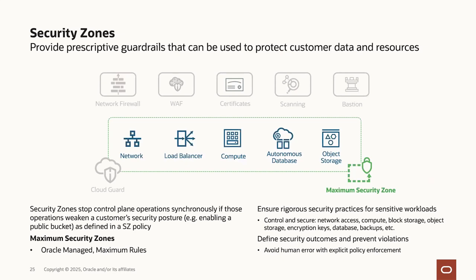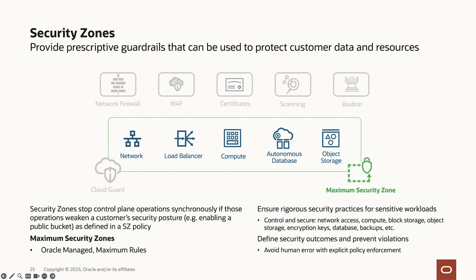So if you want to explicitly deny a user action from taking place, such as denying the attachment of an internet gateway in your virtual cloud network, you could put a security zone on that compartment, and you essentially could set up that security zone policy to enforce that rule that you want to apply. So again, you attach these security zones to a compartment, and if any of the security zone policies are violated, then that operation would be denied.